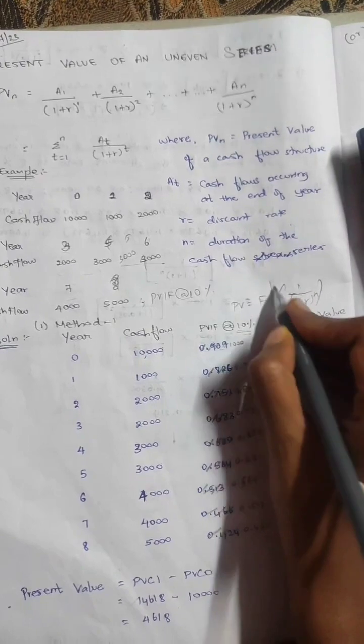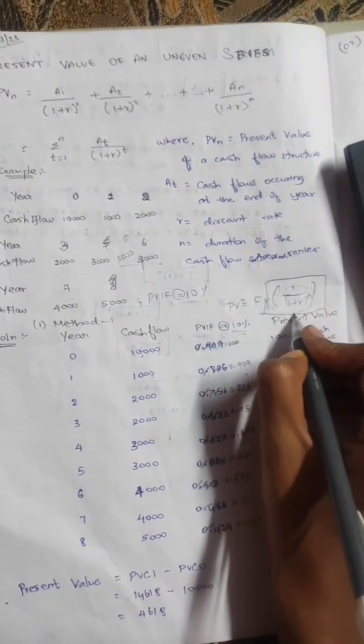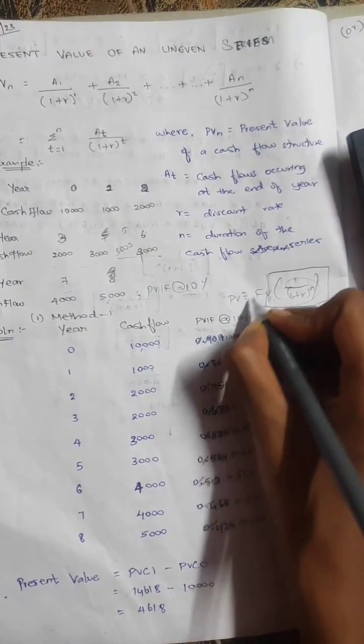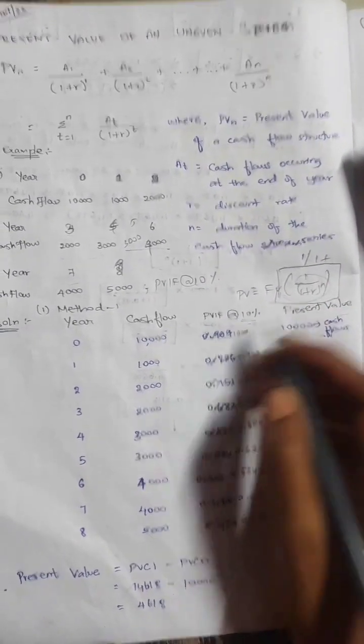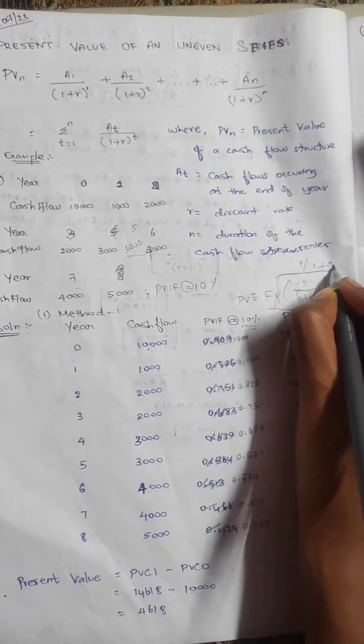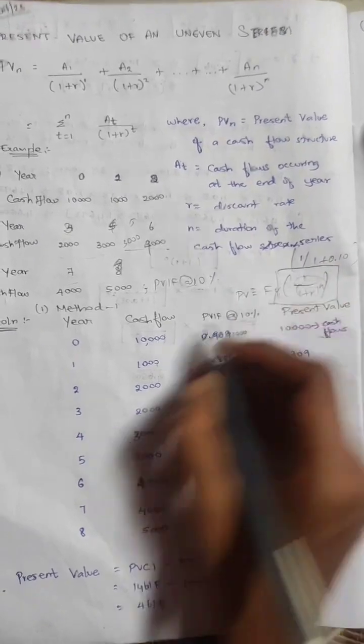So we will be taking only this formula and finding the value. So 1 plus r, r is 10%, so 10 divided by 100 is 0.10, and n.